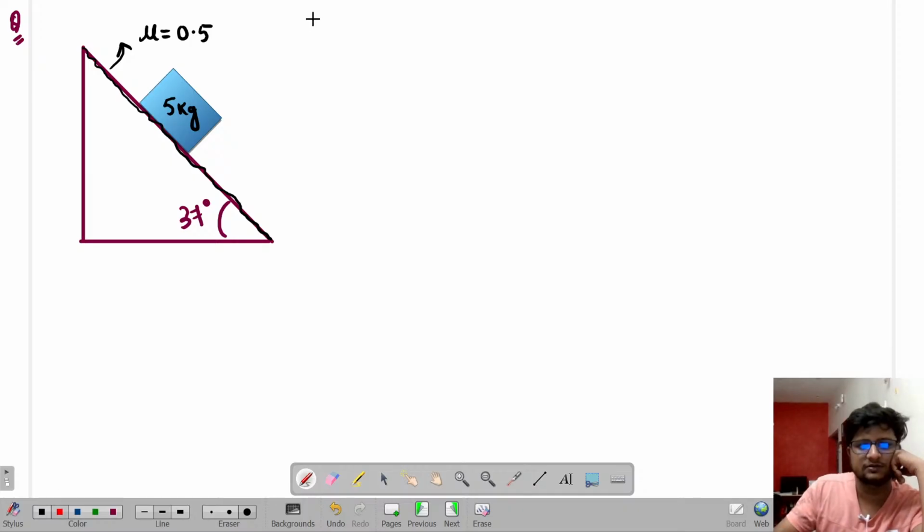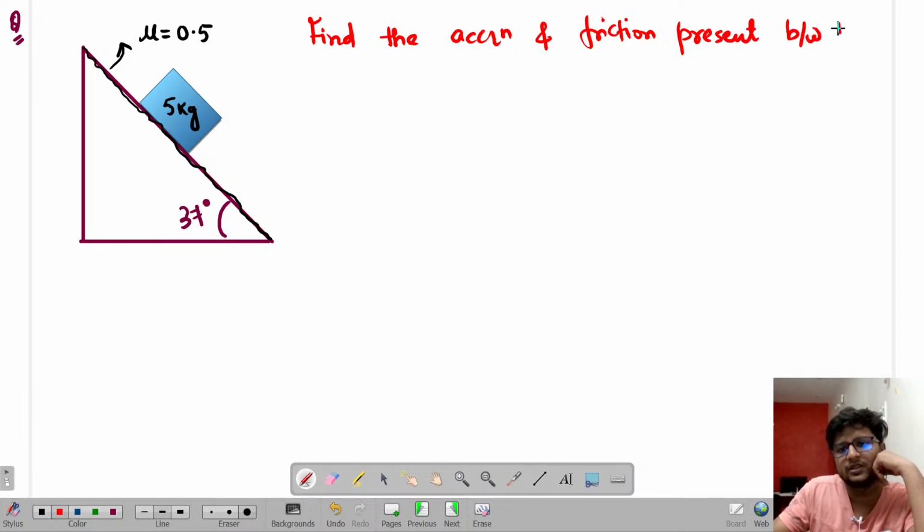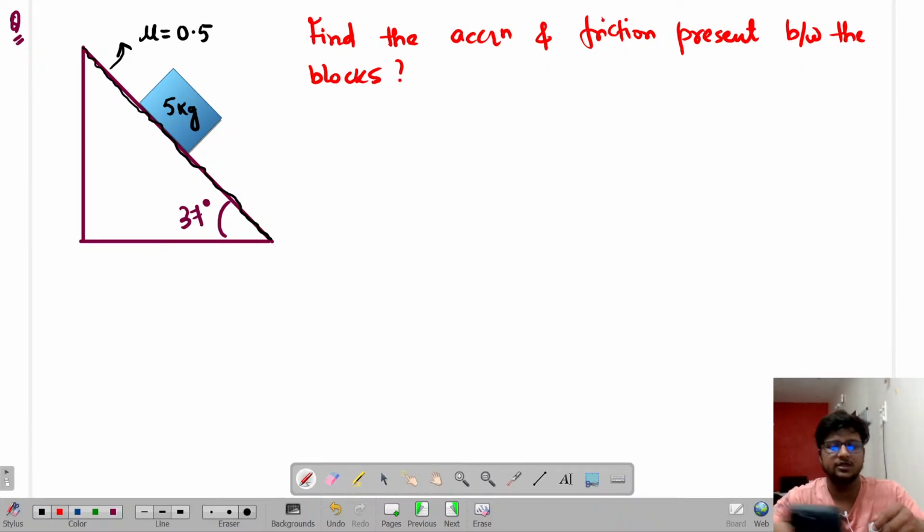The question is very simple: find the acceleration and friction present between the blocks.